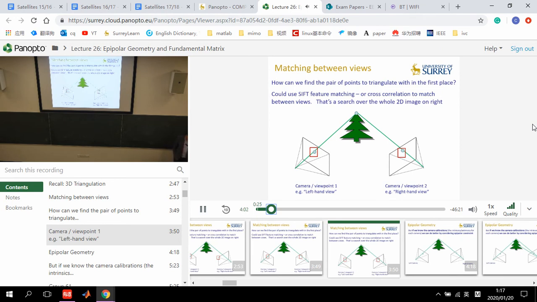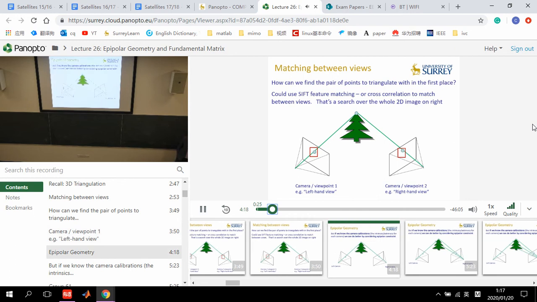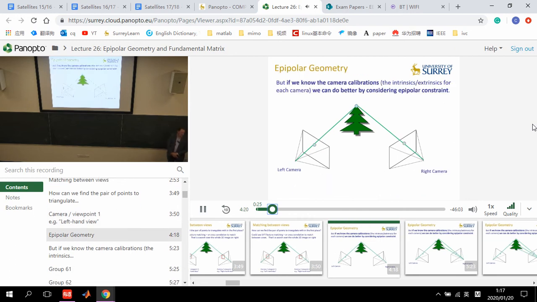But that search in the second viewpoint doesn't exploit any information we might know about the relative camera geometry in that scene, which would be available to us if we had calibrated cameras. So if we do know the camera calibrations, i.e. the extrinsics and the intrinsics, then we can do better by considering something called the epipolar constraint.